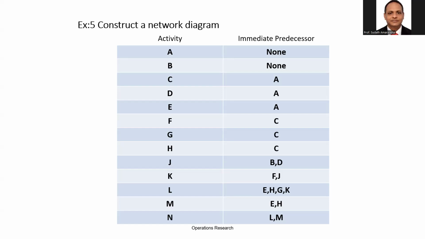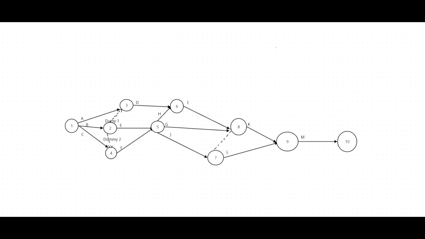Let's go to the whiteboard. First, we should start the project. Draw the circle, put the number 1. Then A and B we can start without completing anything.